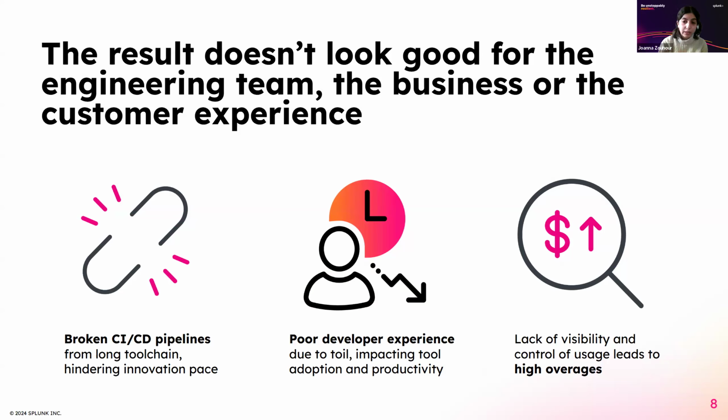On the developer side, right, there's a more cumbersome workflow which eventually impacts the developer experience, and which has to deal with toil and basically lower productivity. And then finally, that lack of visibility that I mentioned before on your observability telemetry caused by this distributed observability practice will lead to those high and unpredictable costs.